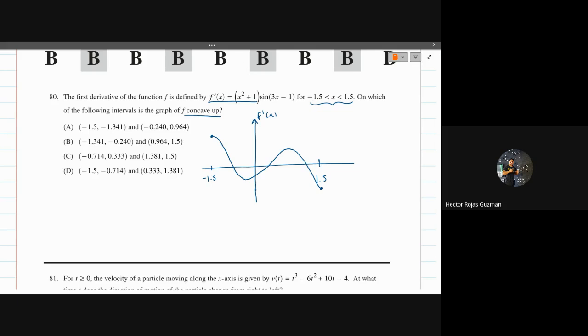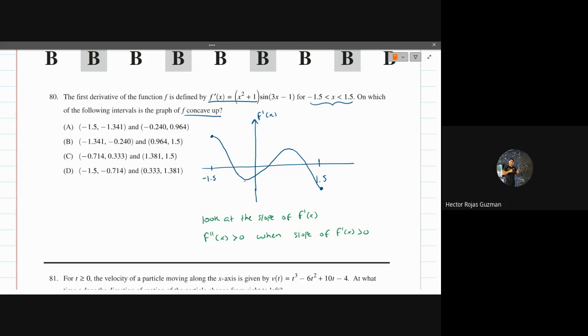Since I want to answer a question about concavity, aka the second derivative, I need to be looking at the slope of f prime. So in other words, f double prime of x is going to be positive when the slope of f prime of x is positive.